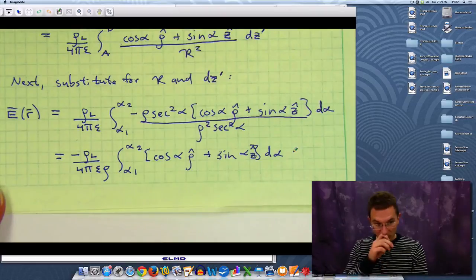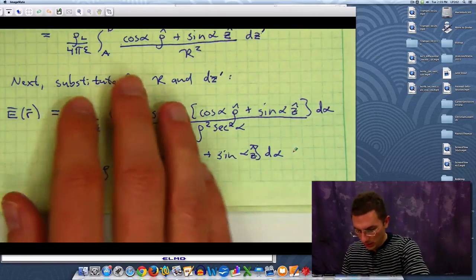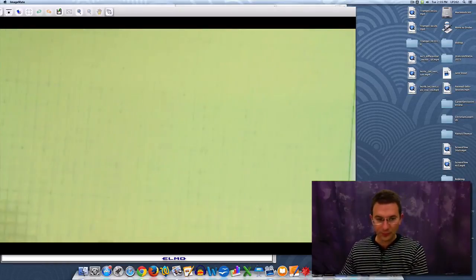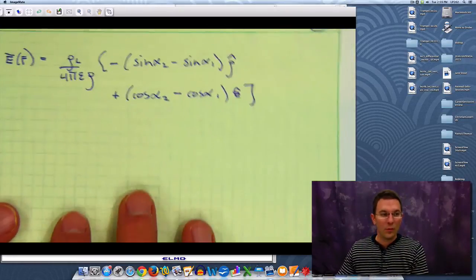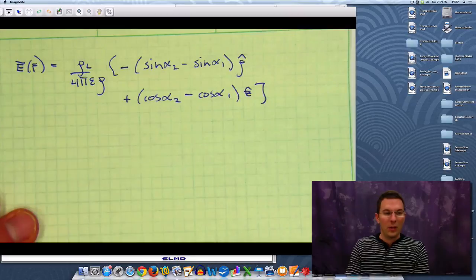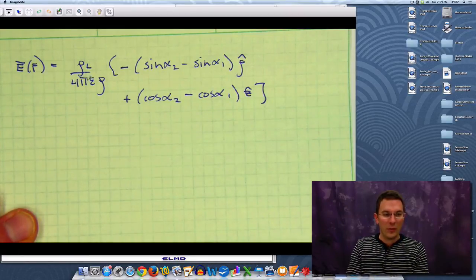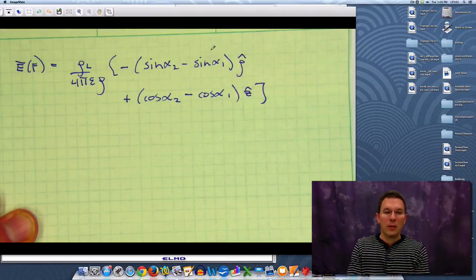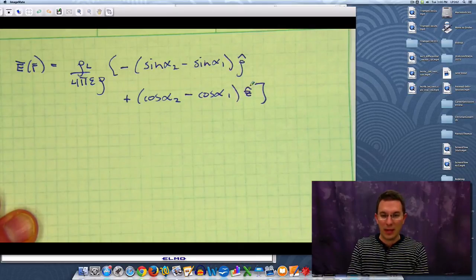Once we actually carry out this integration, we arrive at the following expression right here for the electric field. It's equal to the charge density divided by 4 pi epsilon times rho times this expression in the rho hat direction and this expression in the z hat direction.